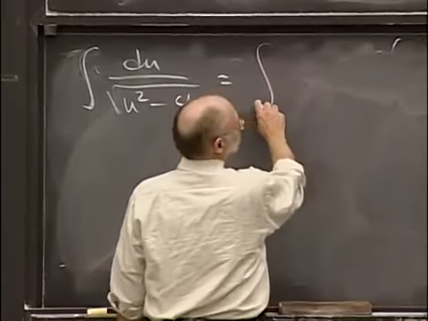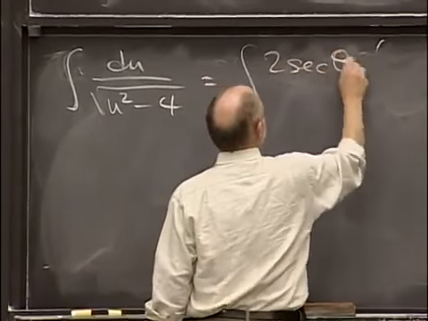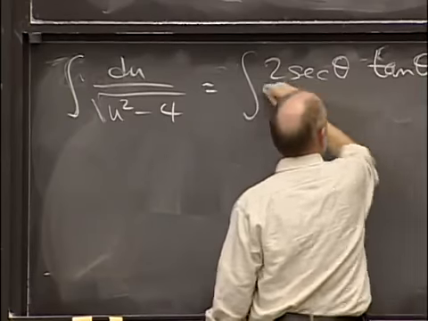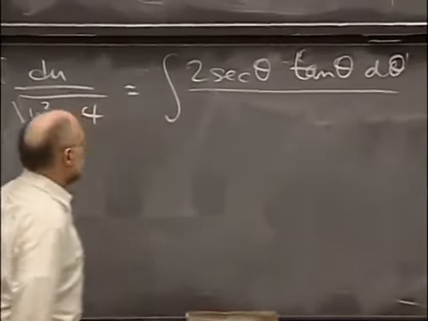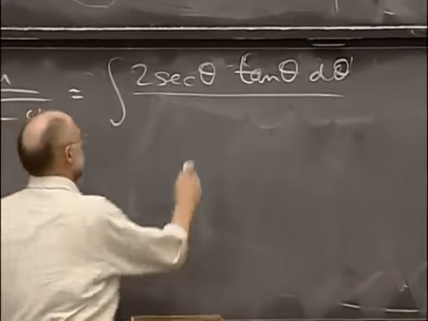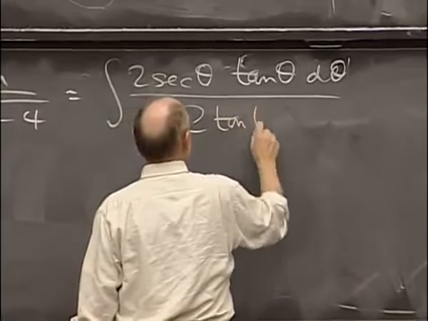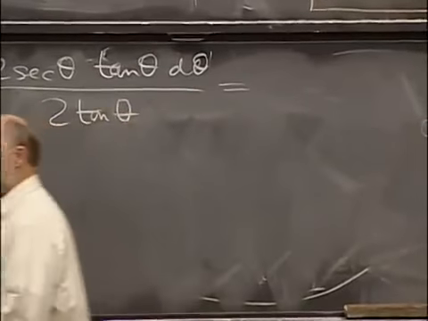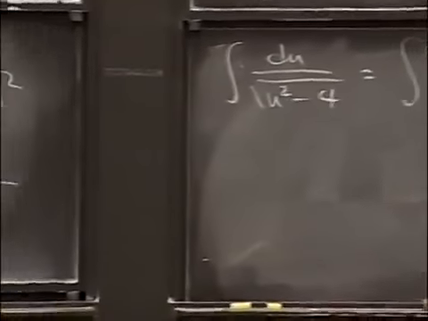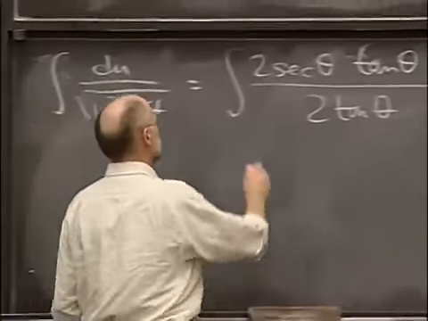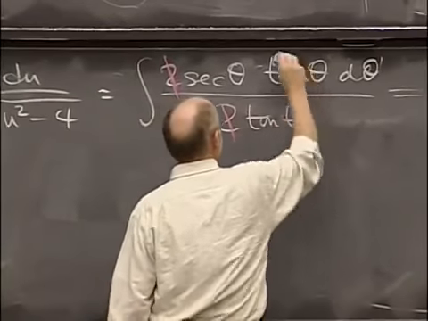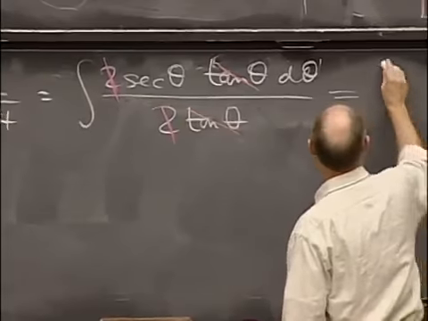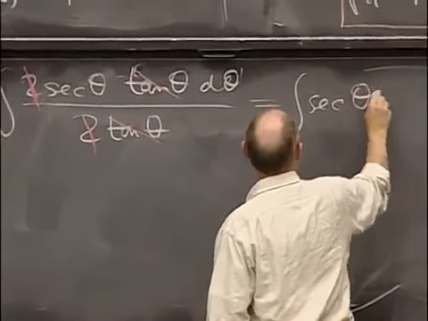So du is 2 secant theta tangent theta d theta. And the denominator is twice the tangent of theta. Well, so some very nice simplification happens here. The 2's cancel, and the tangents cancel, and I'm left with trying to work with the integral of the secant of theta d theta.